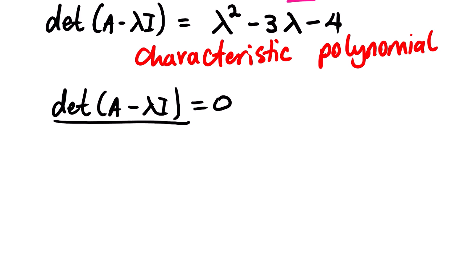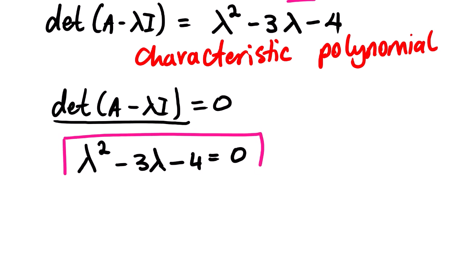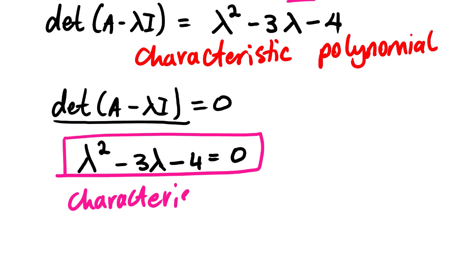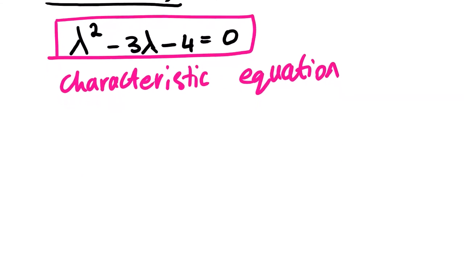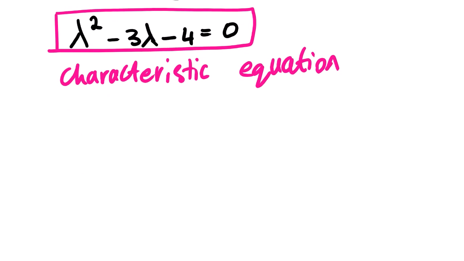Since we know that this is actually equal to this, then we can simply say our characteristic equation is this. And then from here, to find our eigenvalues, we simply need to solve for lambda.